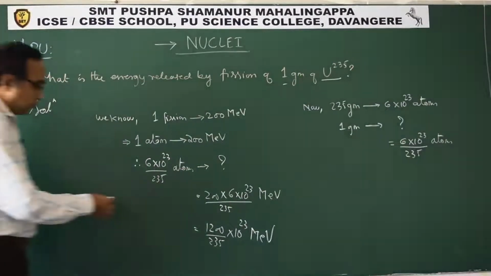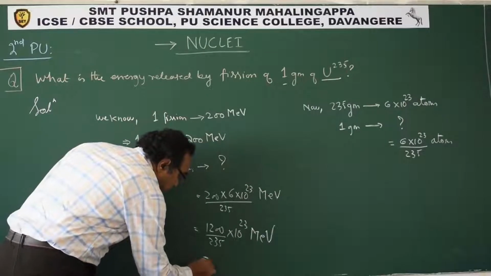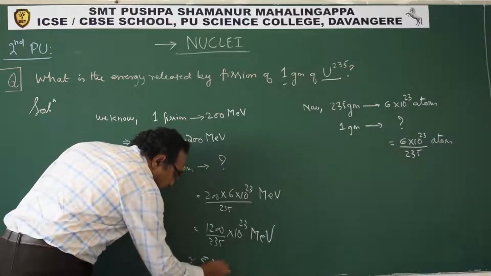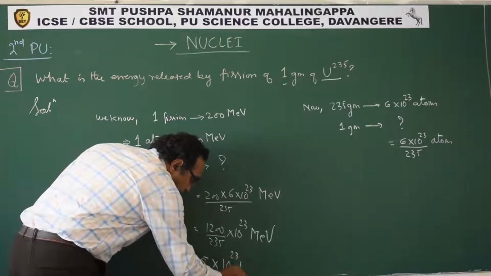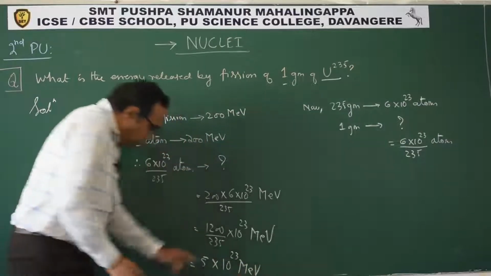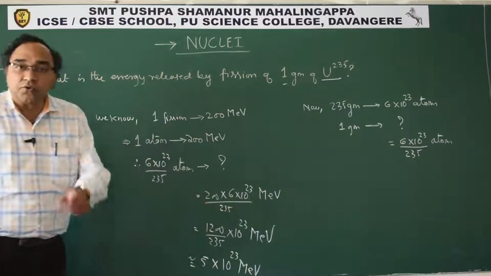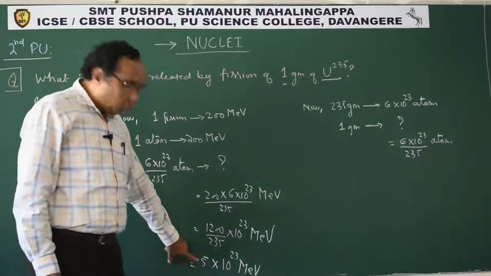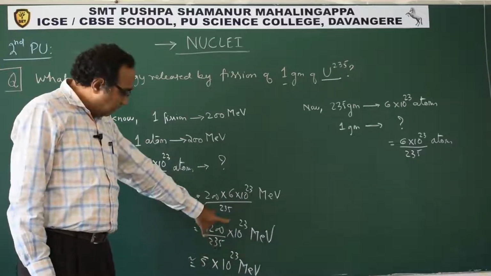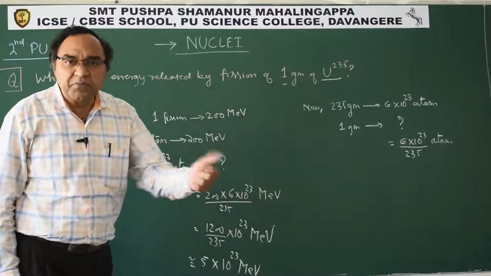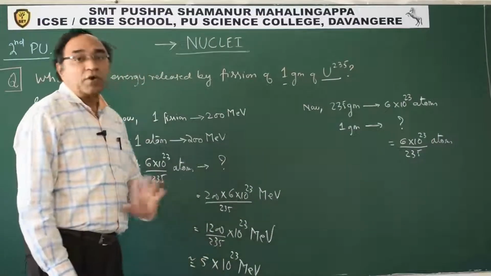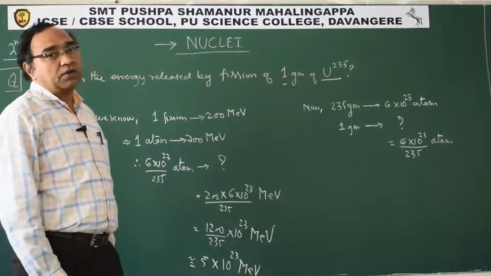It is approximately 5 into 10 power 23 million electron volts. Now if you take this as 6.02, you will get this very close to 5. If you take this as 6, you are getting little more than 5. So that is approximately 5 into 10 power 23 million electron volts.